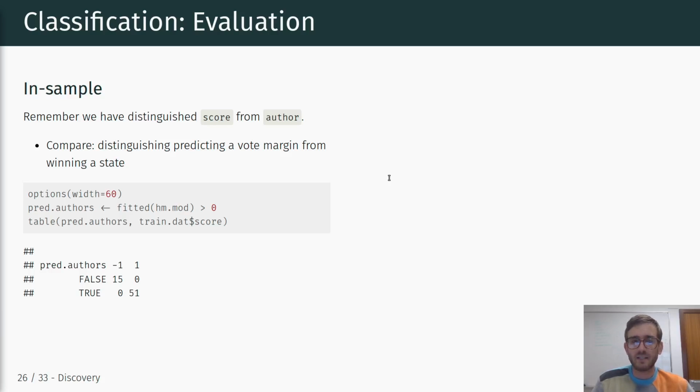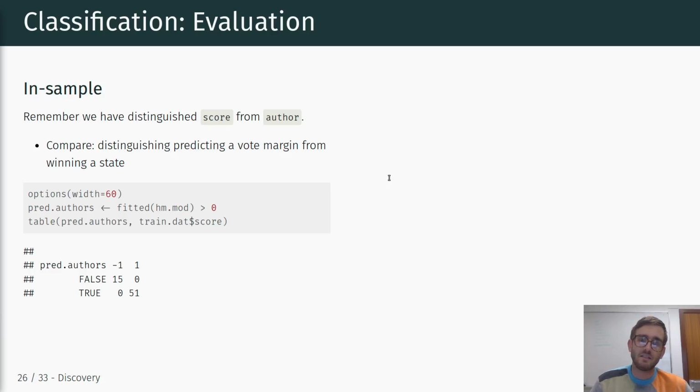to the actual authorship in our training set, right? This is similar to a previous example, where we distinguished predicting a vote margin from winning a state when we talked about polling predictions. The predicted value on the score you could think of as some underlying latent scale that is similar to the vote margin.